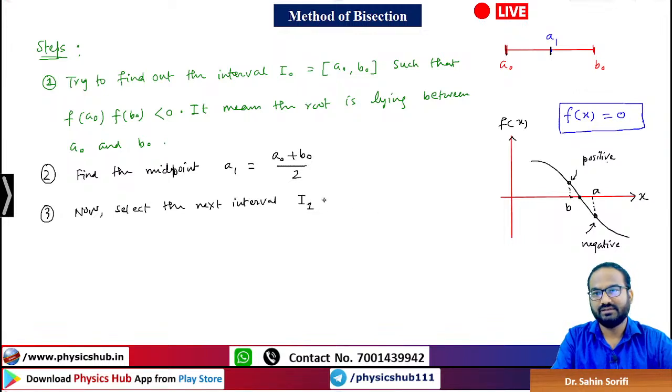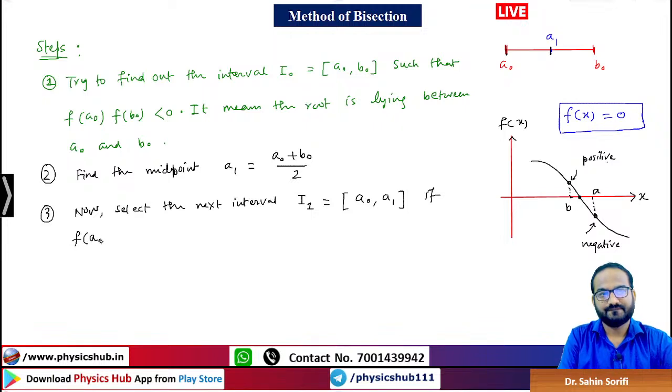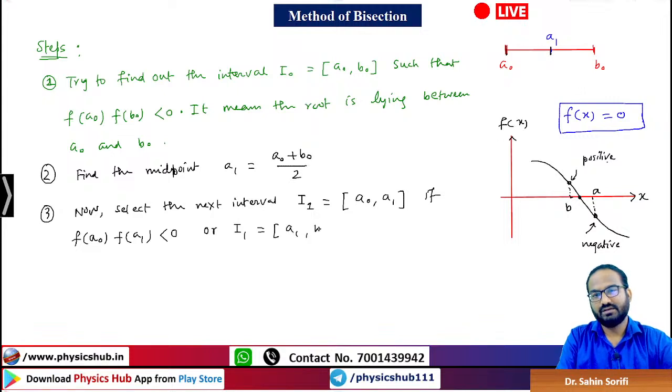Next interval I1, let's say A0 A1. You will take this interval if f of A0 times f of A1 is less than 0, or you will take I1 equal to A1 B0 if f of A1 times f of B0 is less than 0.